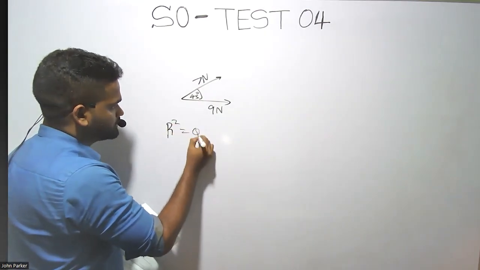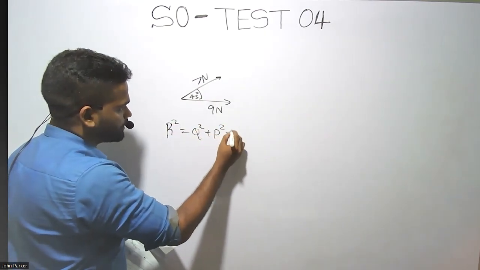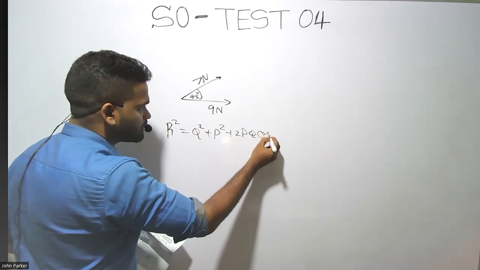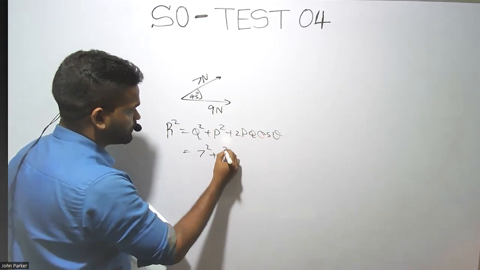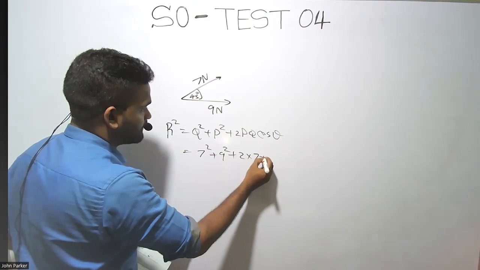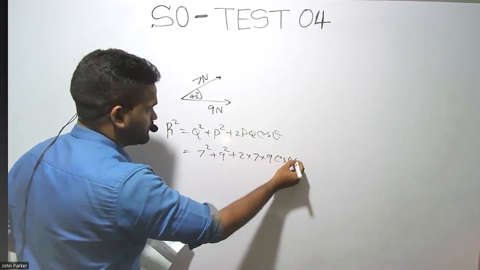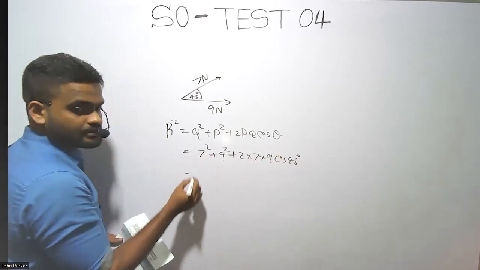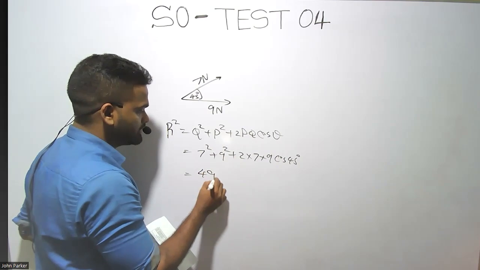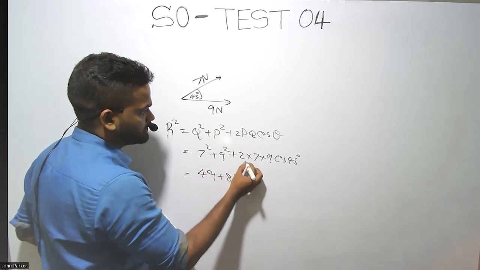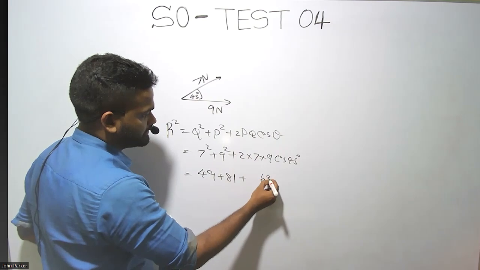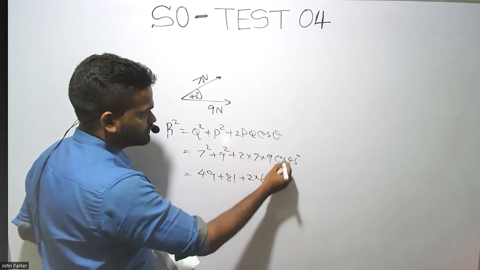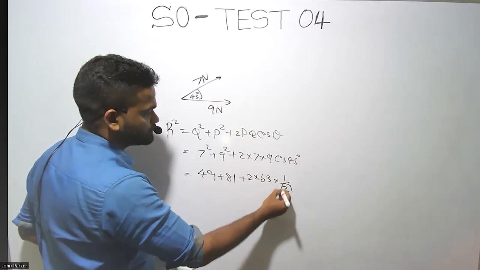R squared equals P squared plus Q squared plus 2PQ cos theta. So it is 7 squared plus 9 squared plus 2 times 7 times 9 cos 45. 7 squared is 49, 81. This is let's say 63 times 2. Cos 45 is 1 over root 2.